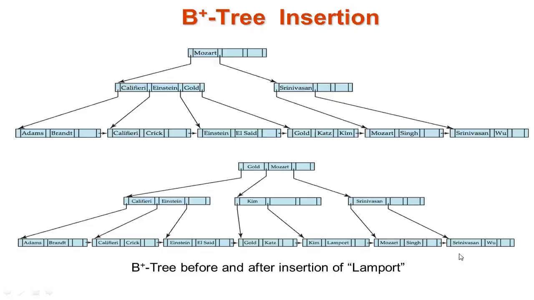So here, in the database management system, we'll be dealing with lakhs and lakhs of records, okay? So in that case, if you insert even a single record, it will have a great impact, okay?